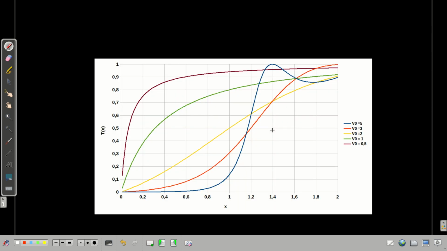Now I have already plotted this function T of x for different values of v naught.